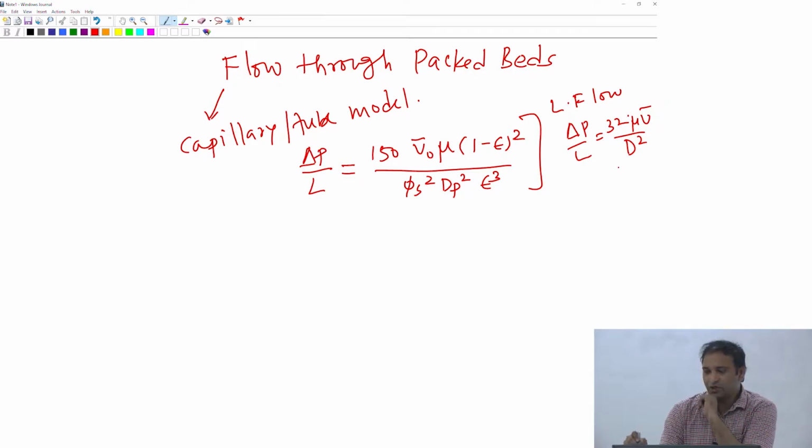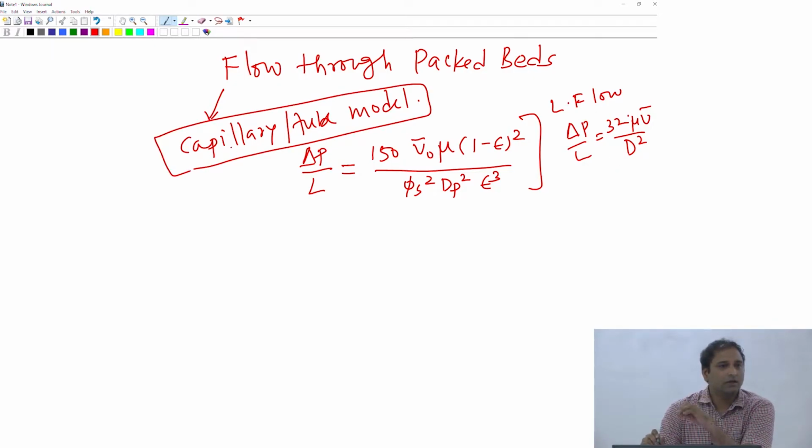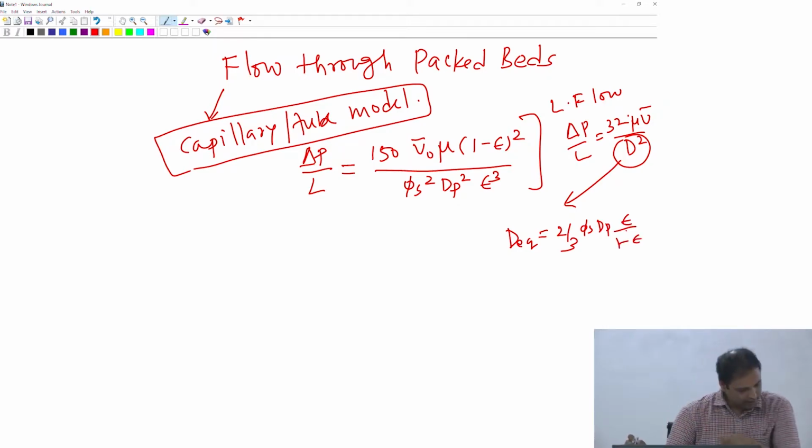And then we used this capillary model, and we did the surface area balance and the volume balance, and we said you would have to replace your d by d equivalent, which was something like 2 by 3 into phi s into dp into epsilon divided by 1 minus epsilon, right?